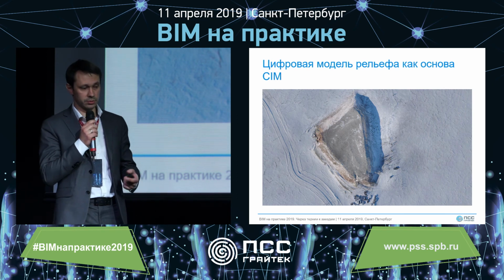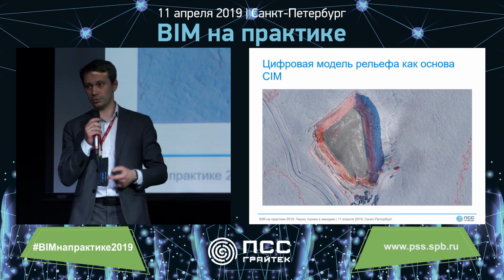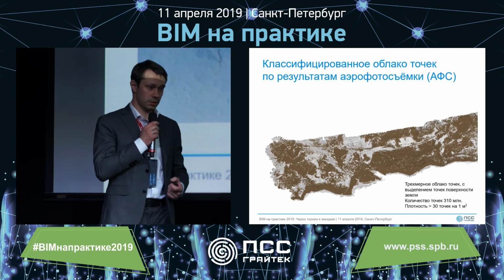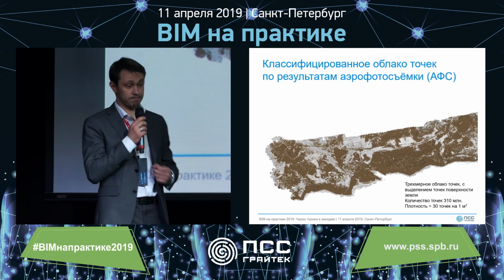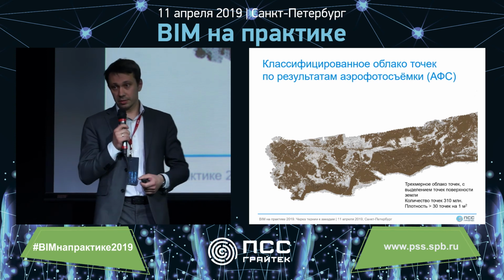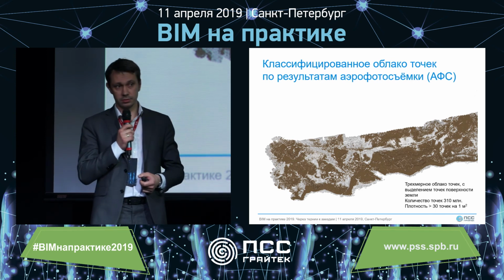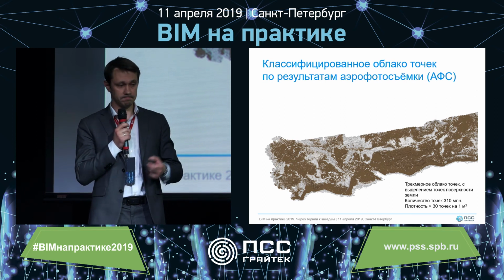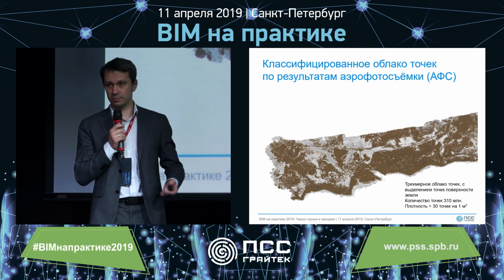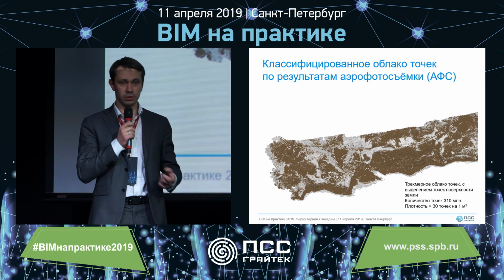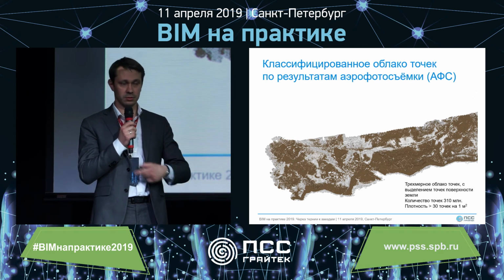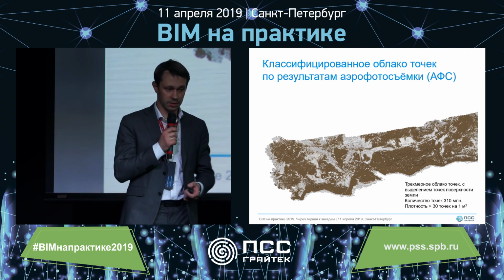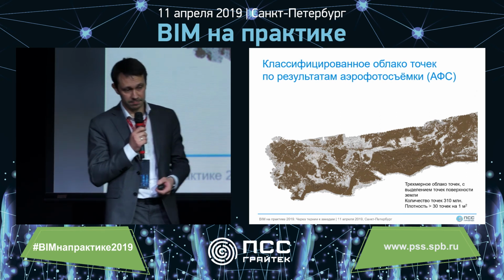So to gather this terrain information, you can use 2 available technologies: aerial photography and aerial laser scanning. We provide both. Classical aerial photography, using the drones, unmanned aerial aircraft, has sped up this geo-survey process.